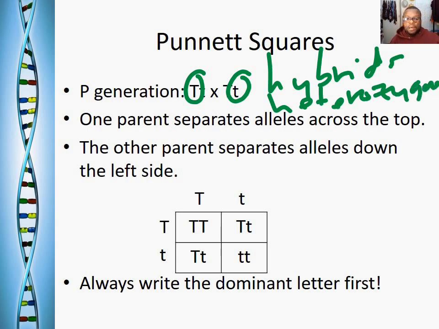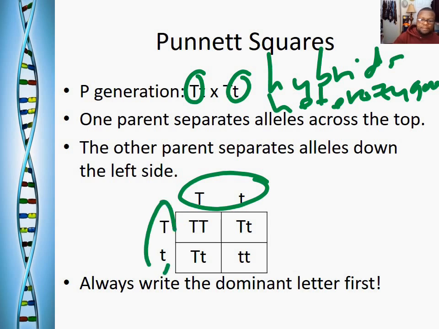All right. The way these are done is that the parents are separated, one across the top and one along the side. When you read a book, you read from left to right, top to bottom. Use that same mentality. Take everything from the left and carry it straight across, and take everything from the top and bring it straight down.